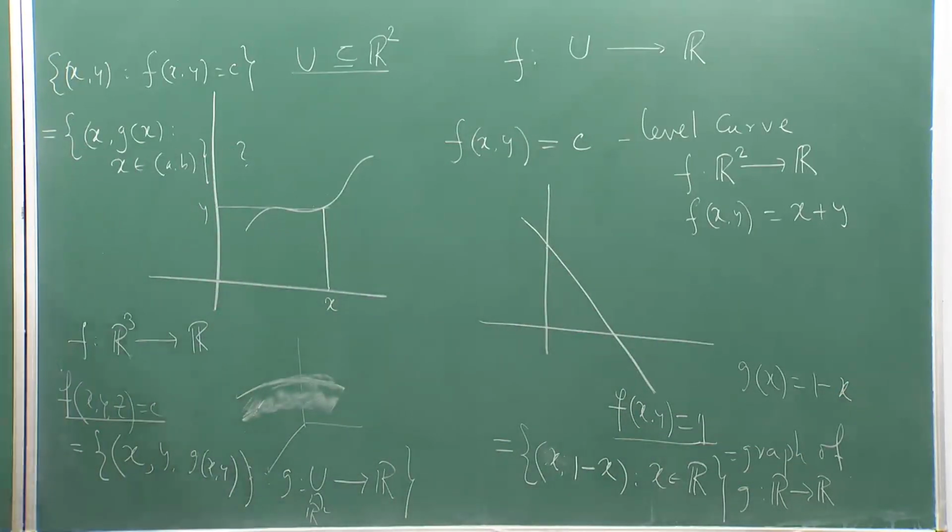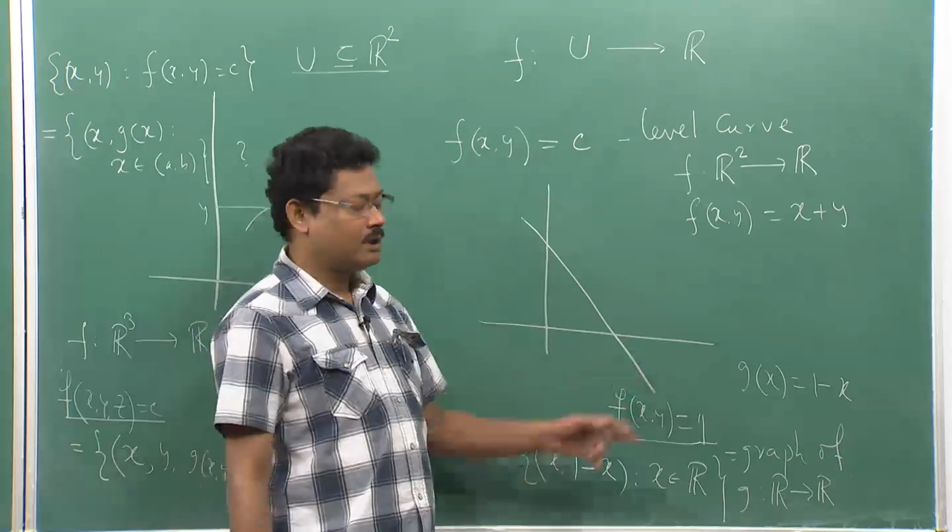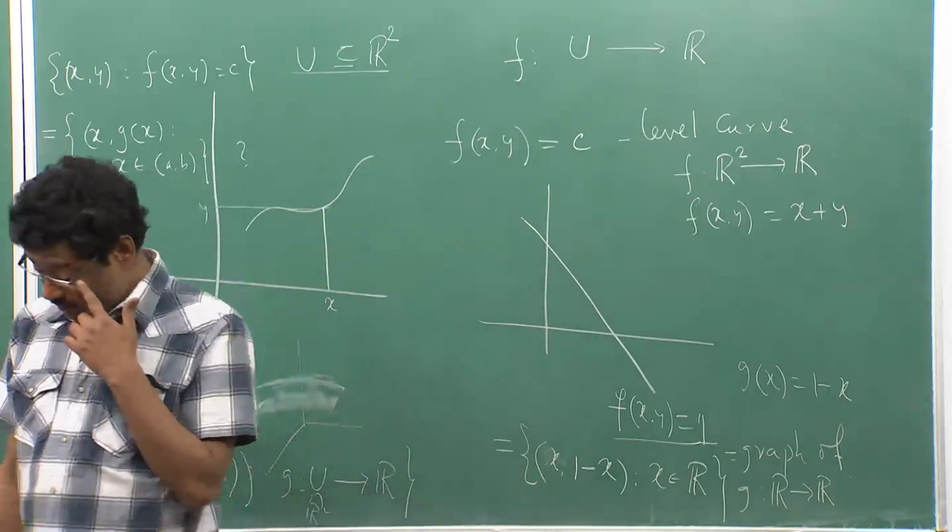So, instead of saying f(x, y) = 1, if I give you this set of points (x, 1 minus x), or (x, g(x)), x in R, you will get the same curve.